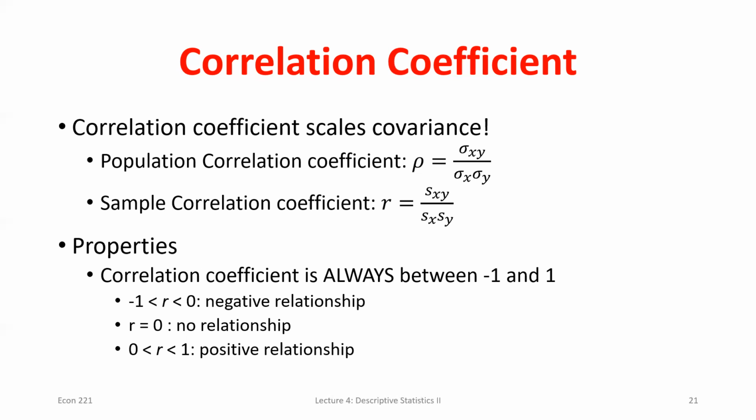So I just plugged in my equation for the covariance and the standard deviations, and we can start to think about why this scales it between 1 and -1. First of all, the square root of n times the square root of n just becomes n, right?